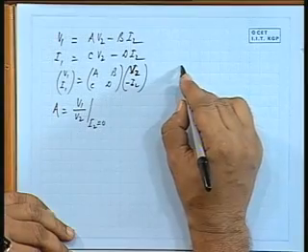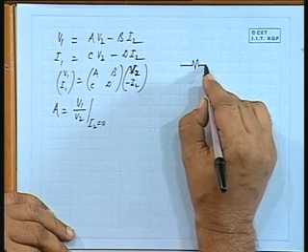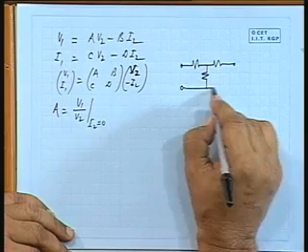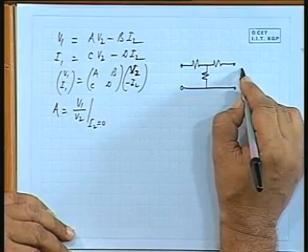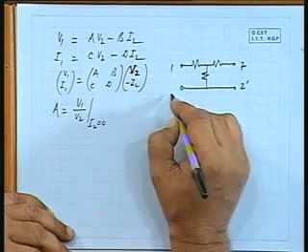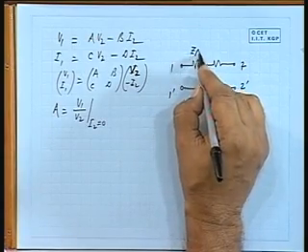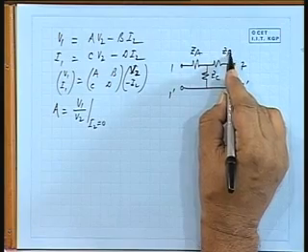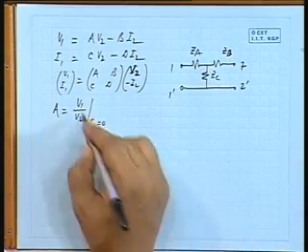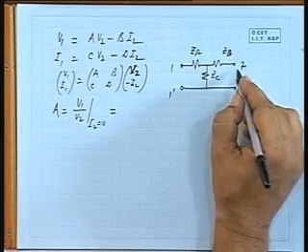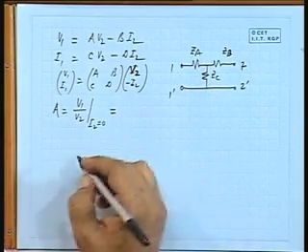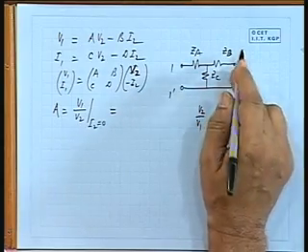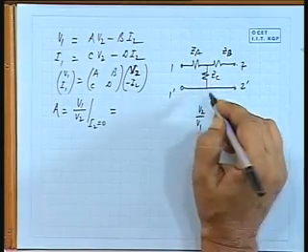That means, once again refer to a T network. This is say ZA, ZB and ZC. What is V2 by V1? You have seen V2 by V1, in this case V2 is under open circuit condition, it is ZC by ZA plus ZC, is it not?